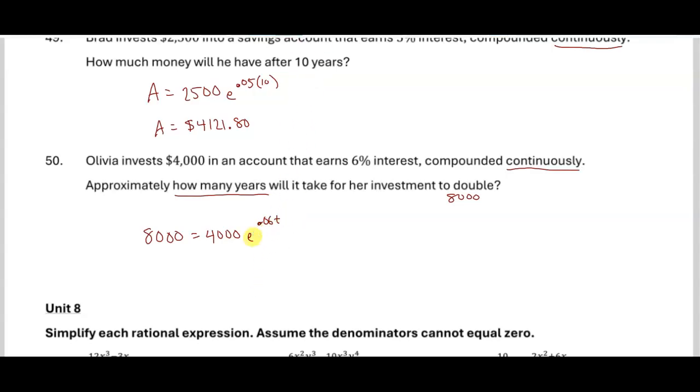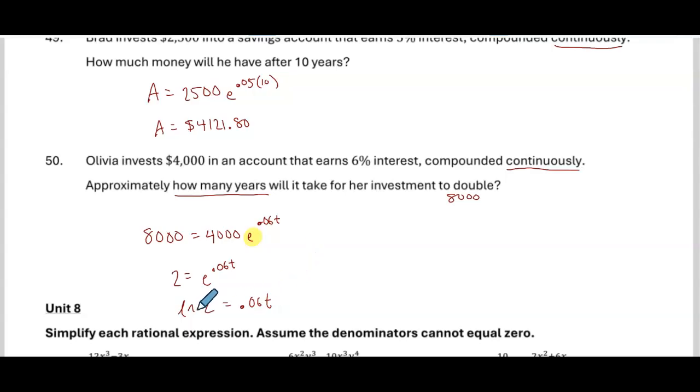Alright, so this time it's probably going to require a log, and so I need to get this E isolated. So let's divide the 4,000. And then at this point, E is isolated, so I just need a natural log. Natural log of 2 is going to be equal to the exponent, 0.06t. So the exponent goes across from the log, and the 2 comes in.